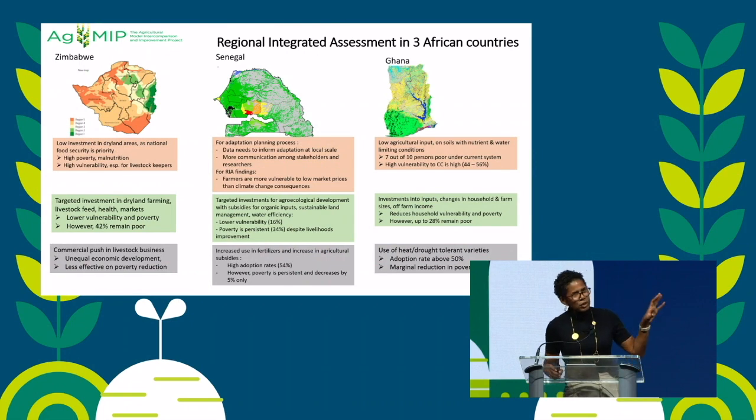This regional integrated assessment was realized not only in Senegal, but recently in 2 other countries, Zimbabwe and Ghana. And for all these 3 countries, we use the same AgMIP approach. But even though the approach was the same, the content was very different.